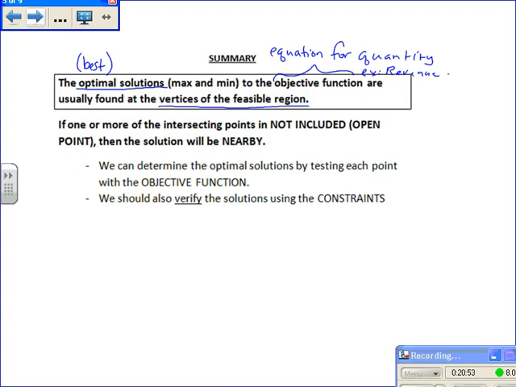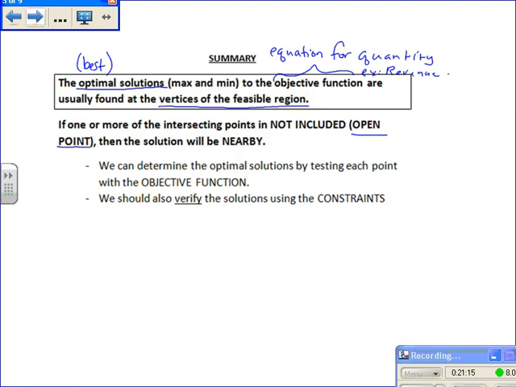Sometimes they may not be right on the vertex if one of your lines was a dashed line. Okay, so for example, if one of your constraints was a strict inequality, and when you graphed it, you graphed that constraint with a dashed line, one of your points will be an open circle. Okay, I'm going to do one of these examples in just a moment.